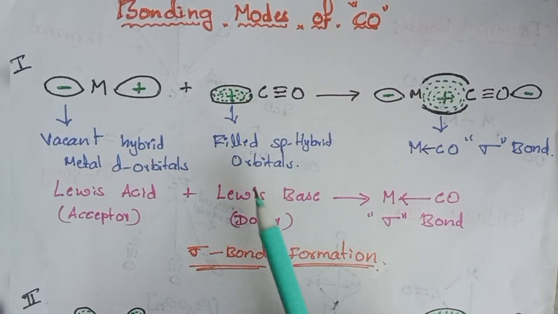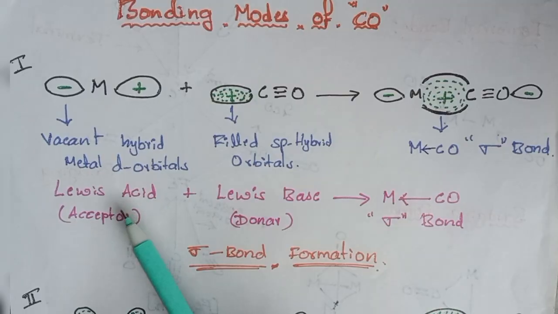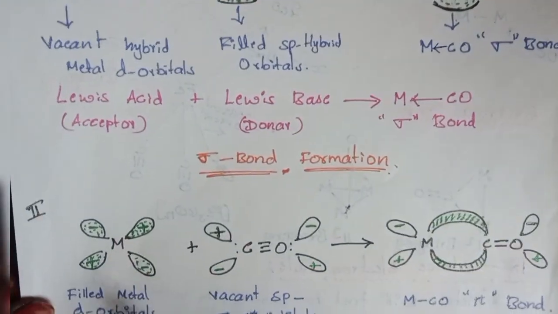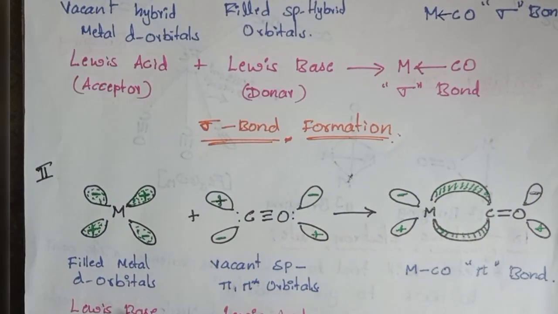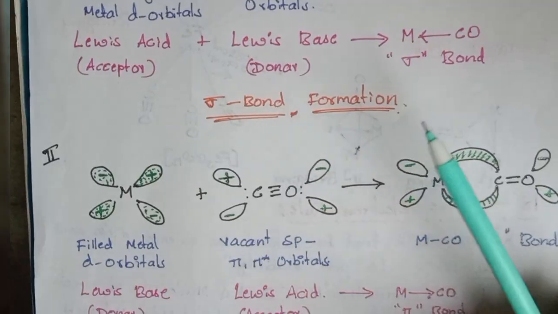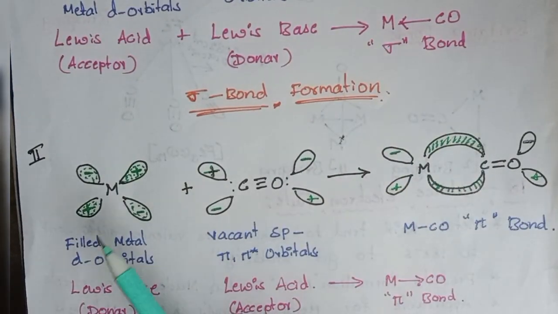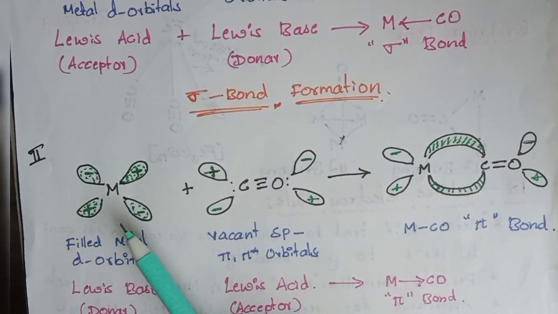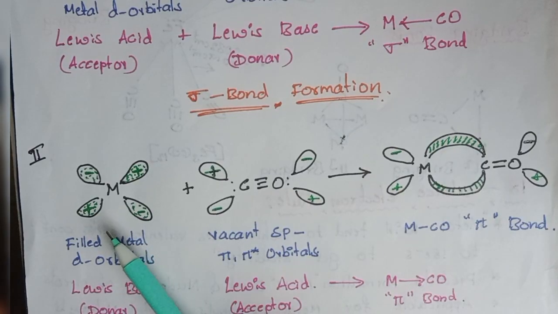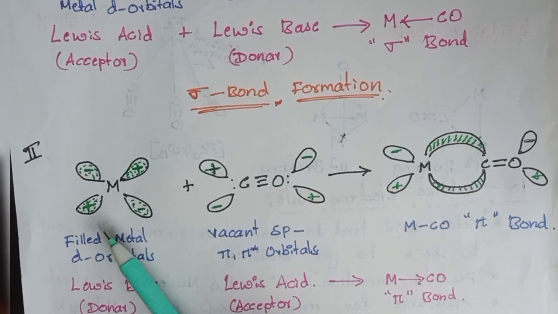As the carbonyl is giving electrons to the metal ion and the metal ion is taking the electrons, for a time the electron accumulation around the metal ion is more. At that time, the metal can donate electrons to the ligand.